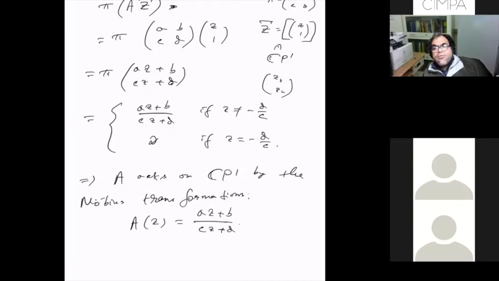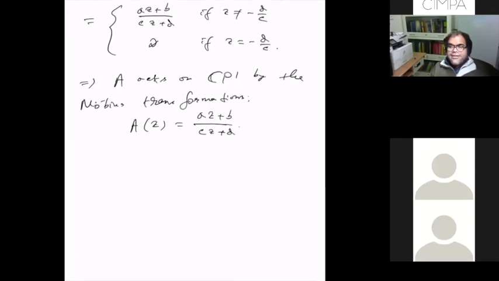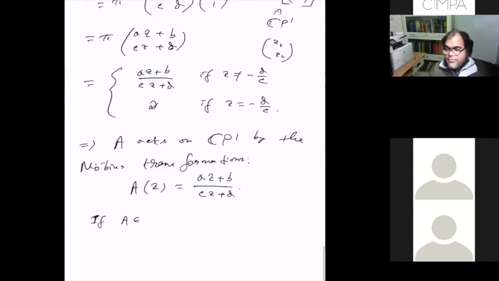Okay, so now what are the isometry groups here? One can try to obtain them. It's a simple computation. Consider the first Hermitian form.